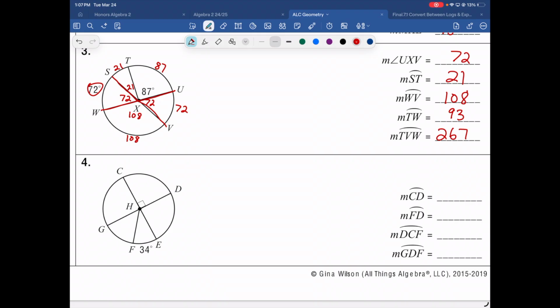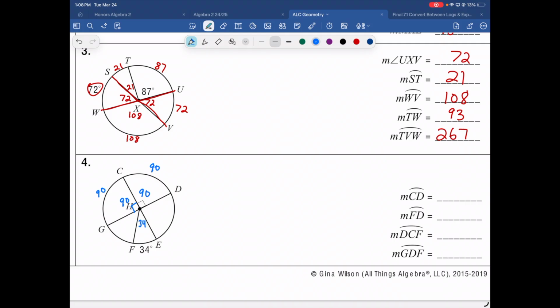Remember what that little box means. Scale a little bit for this one.